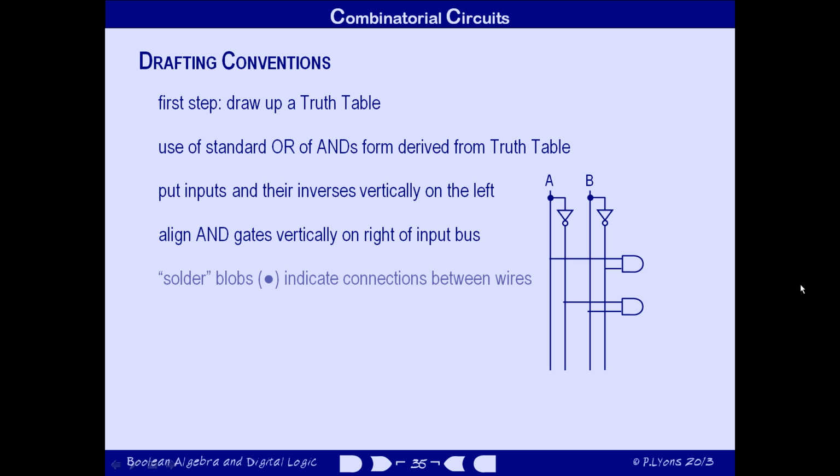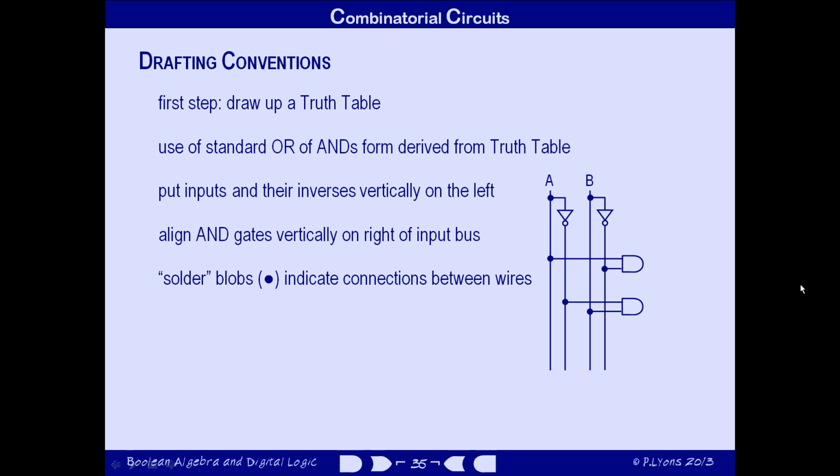So we add blobs at the contact points. It's convenient to think of those blobs as points where the wires are soldered together on the diagram, although they don't actually correspond to any real physical soldered connection in the circuit. This is, after all, a schematic diagram.